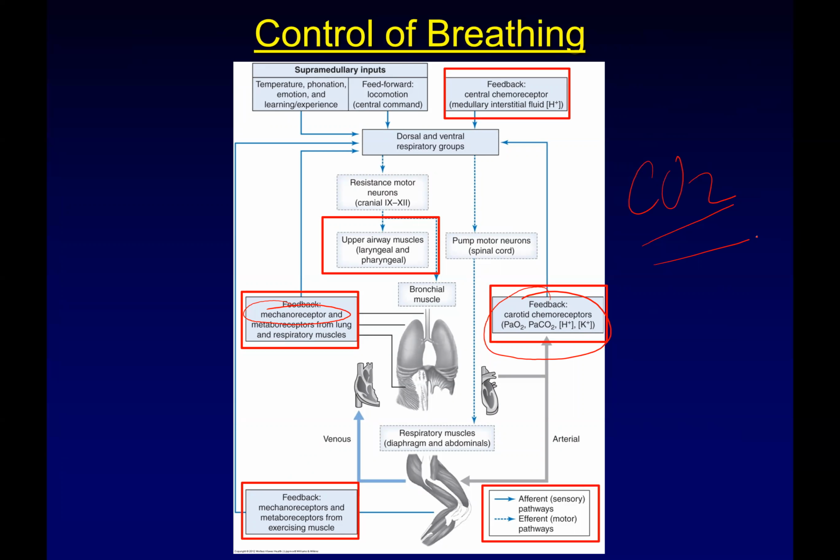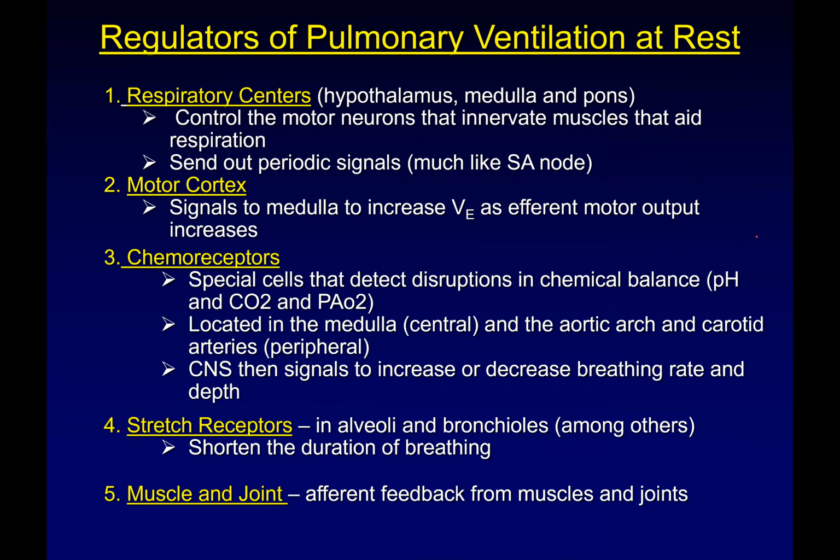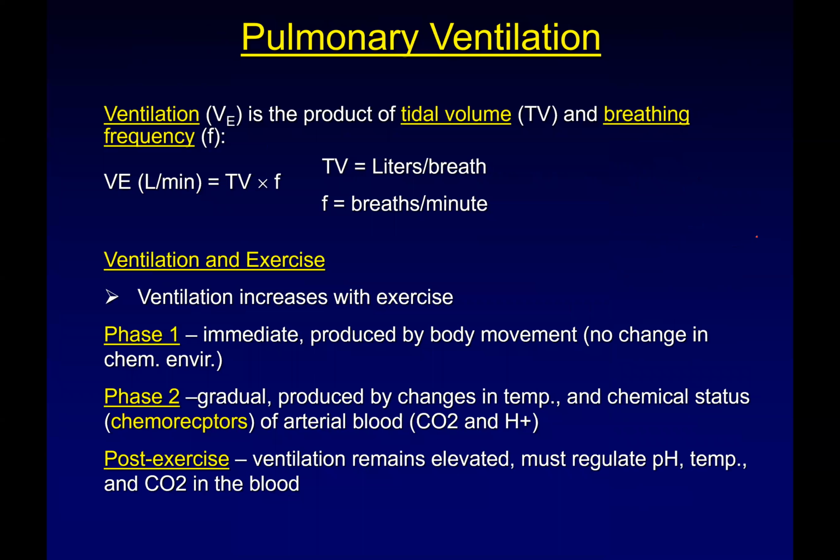As carbon dioxide production goes up, then partial pressure of CO2 in the blood, or in arterial blood especially, is going to rise just a small amount, and that's going to stimulate more frequent and deeper breathing. Okay, so that talks about those things there. This is pulmonary ventilation.